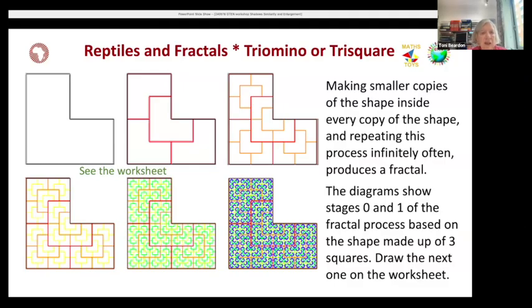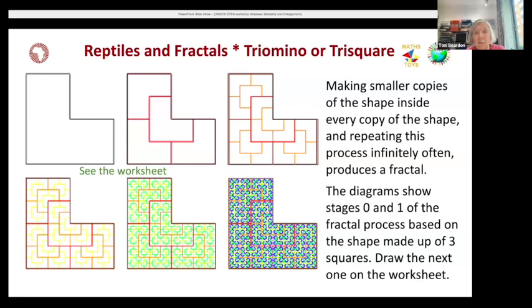So you see the second one, the middle one at the top, you've got 4 copies of the L shape. In the one on its right, you've got 16 copies of the L shape, making the bigger one. As Sam said earlier, you can go on doing this, fitting 4 copies of the L shape into each L shape, and it packs closer and closer.